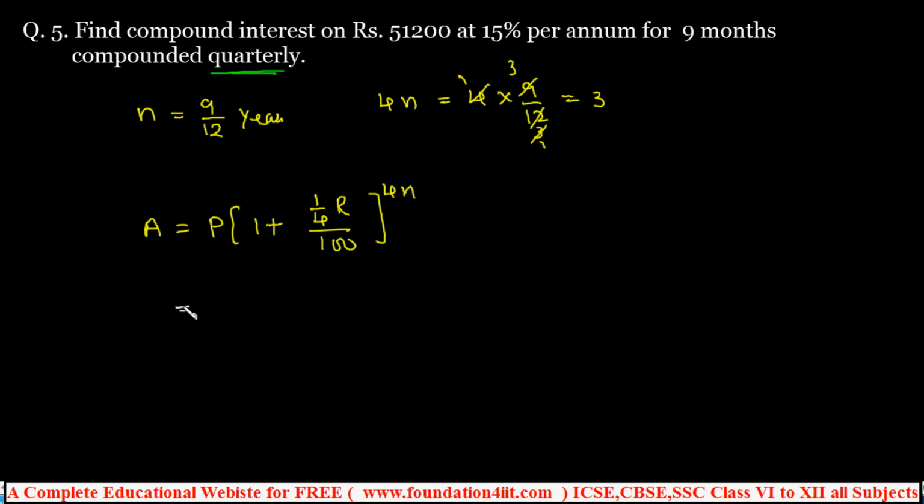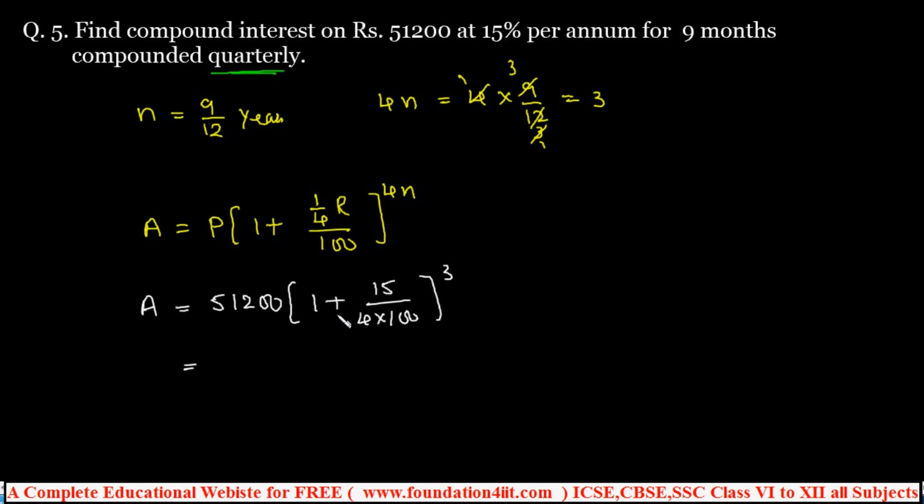So find the compound interest. First we'll find out the amount on 51,200 and 1 plus 1 by 4 r. R is 15%. So 15 by 4 into 100, again to the power 3 because the 4n value is 3.